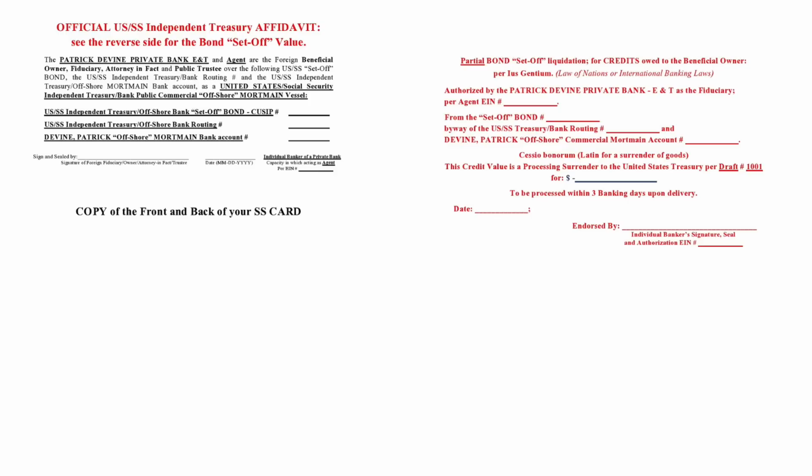You take a copy of your Social Security card front and back, make it a JPG, and paste it into that document. The one thing you have to do is correct all the names and everything on here.